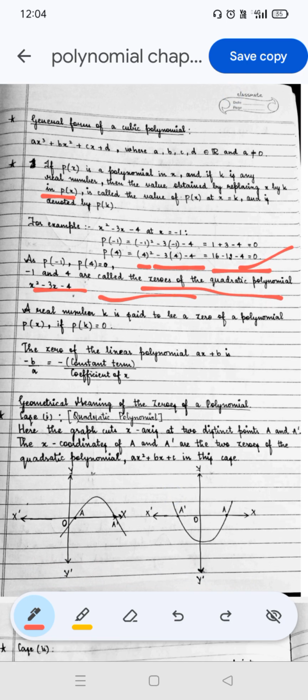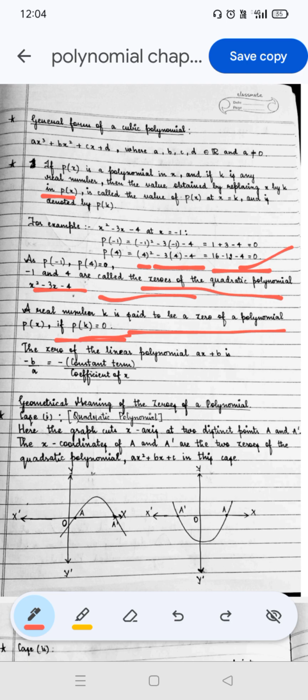So what can we say about zero of a polynomial? A real number k is said to be a zero of a polynomial p of x if p of k is equal to 0. That is the definition.